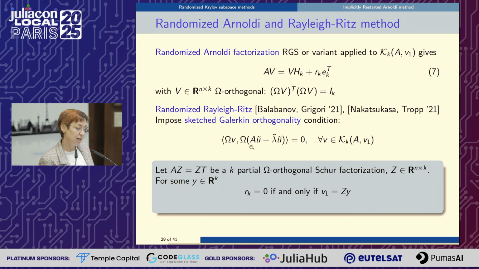With this randomized approach, we can also still show that we have a k-partial Schur factorization, but now where Z is omega-orthogonal. And then the residual is equal to 0 if and only if the starting vector is a linear combination of the vectors in Z. So in other words, there is a motivation for introducing a randomized implicitly restarted Arnoldi method.